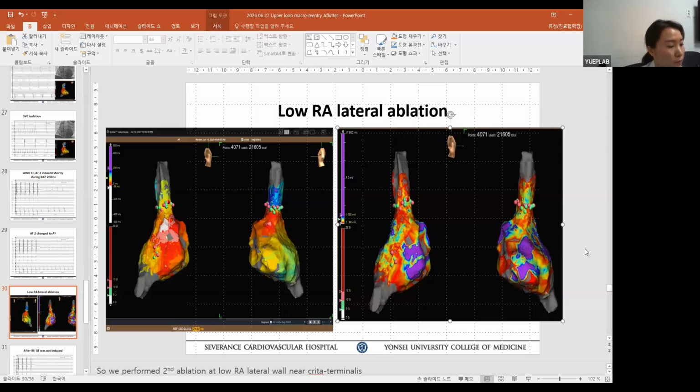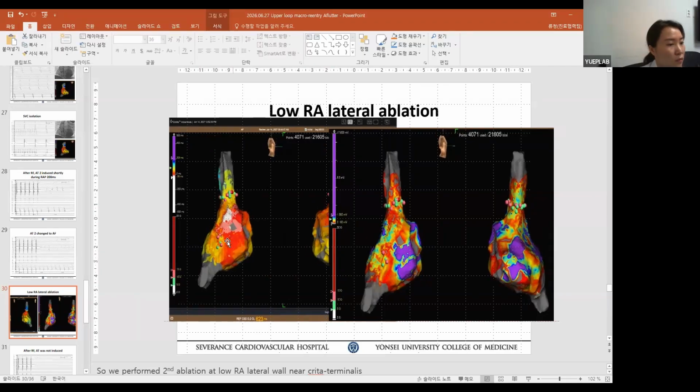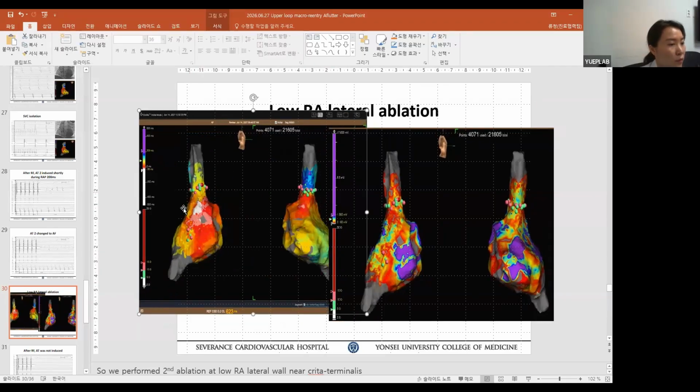Also, the phrenic nerve. Can you imagine the phrenic nerve location in the right atrium? SVC lateral wall to anterior direction. No. The phrenic nerve goes like this.